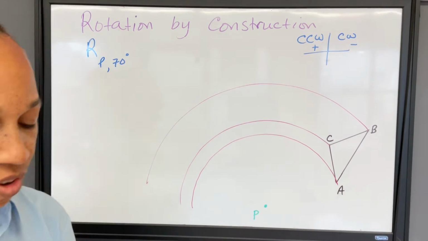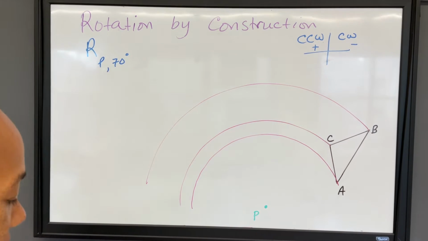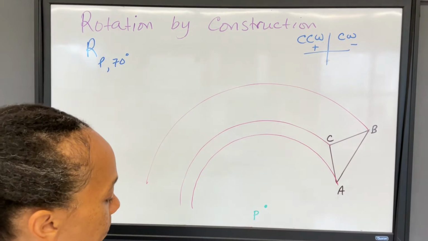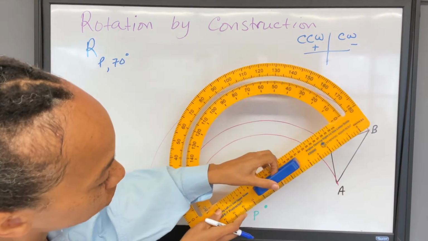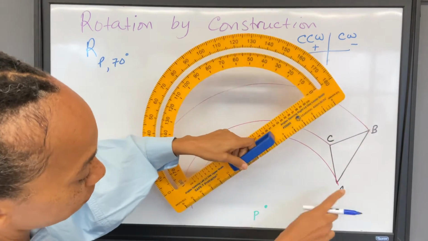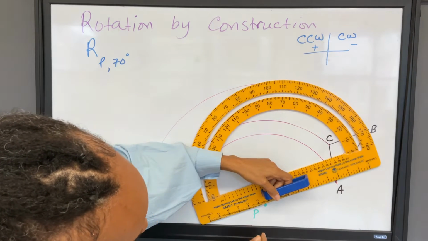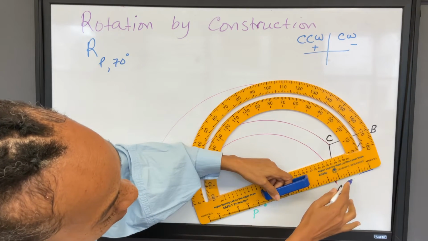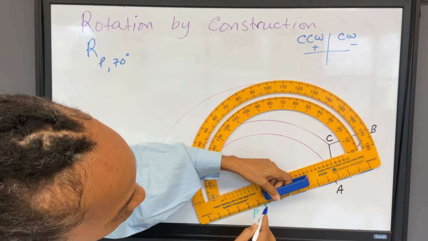After you've done that, the next step is that I need a straight line from the point P going to each of the vertices. So from P, I'm going to go to each of the vertices. You could do a straight line or you could do a dashed line, it's fine.